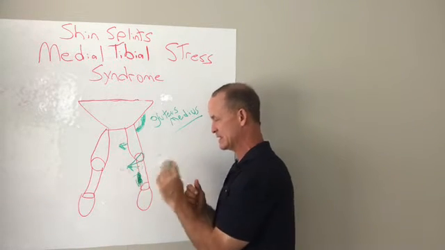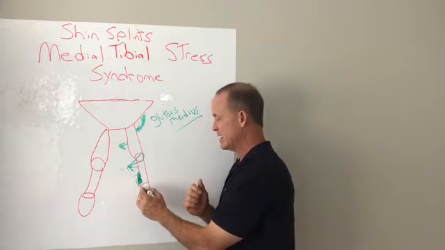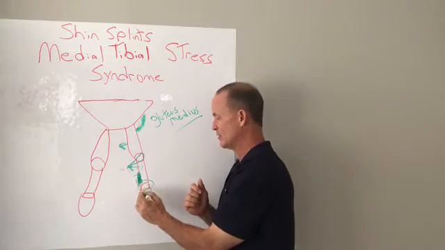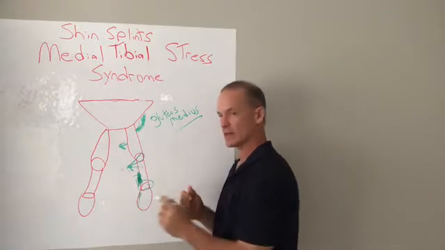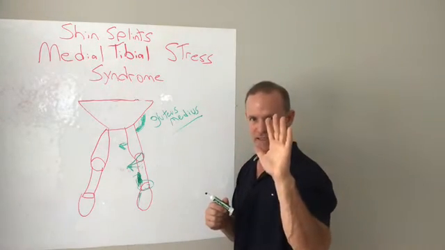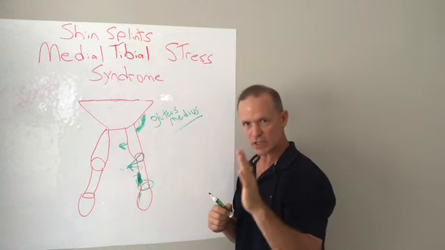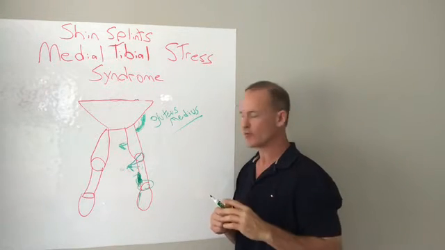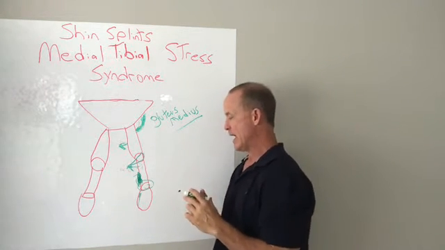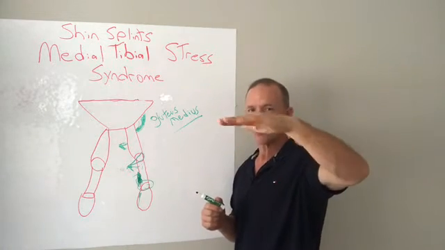If this leg is internally rotating, it's going to affect the ankle and also the foot. That same sequence is going to have that effect where the ankle is going to start to bow in and the foot is going to follow. And we call that overpronation.